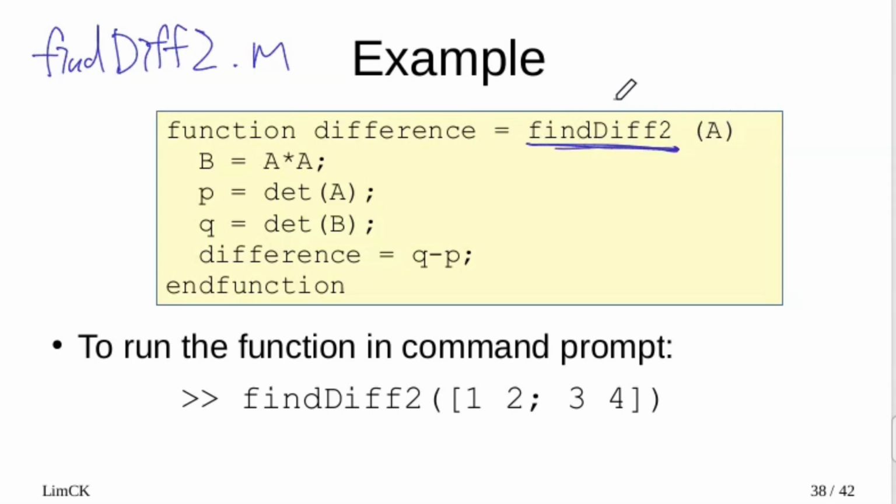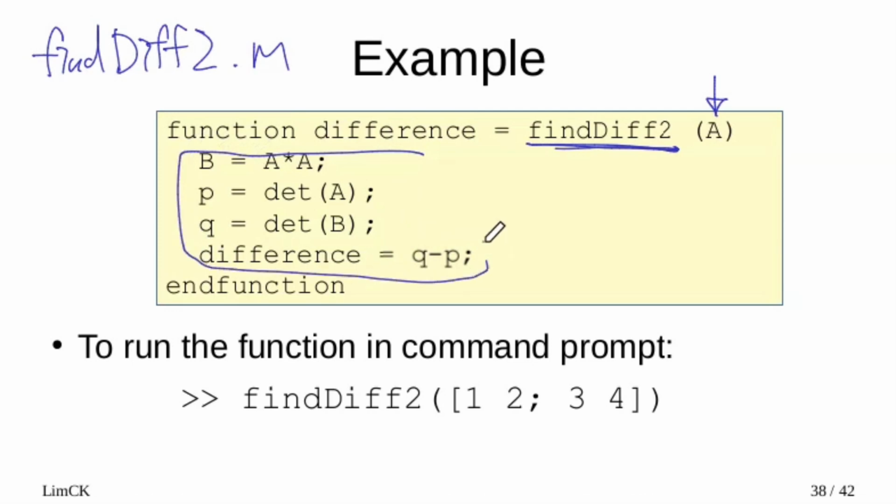The function has one input only. The input is a matrix called A, and with the A here, you can do all this processing. This part is the code you have for your function.